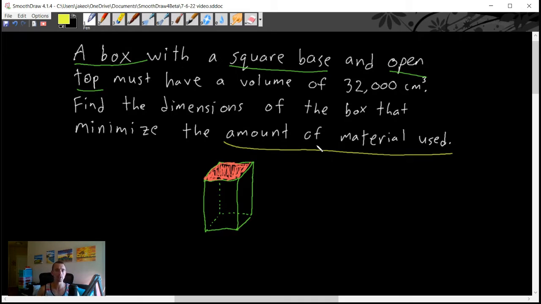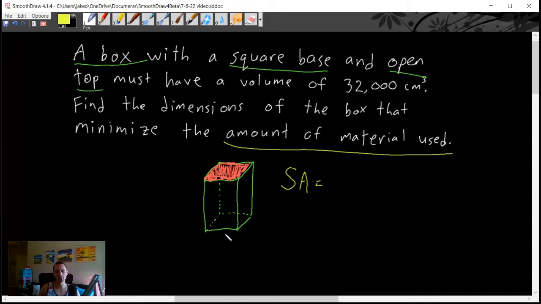So the amount of material needed to construct the box is basically the surface area, the amount of cardboard we need to build these four sides and this bottom. So what we want to actually optimize is surface area. I'm going to call it SA, because S sometimes looks like a 5 when it's by itself. So SA is our surface area.